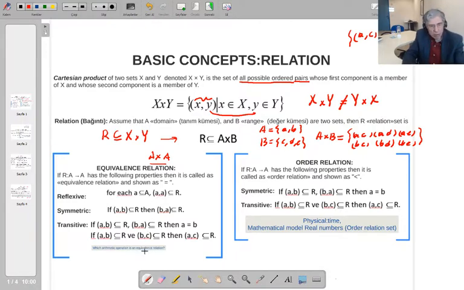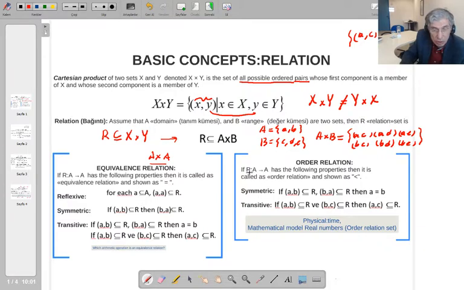In mathematics, which operation is this? Equal is this operation, isn't it? When you say equal, you are referring to this relation. Another relation is similar to this one.